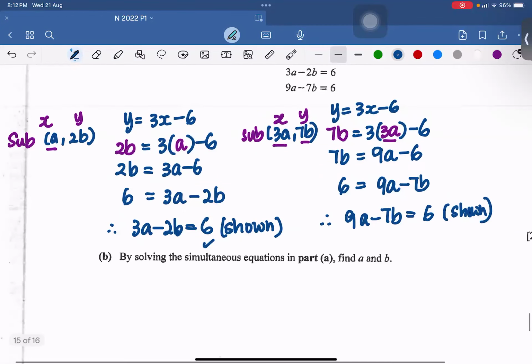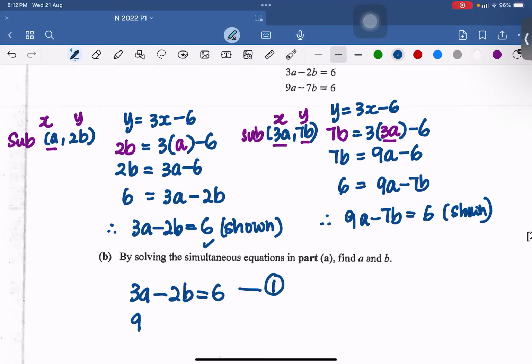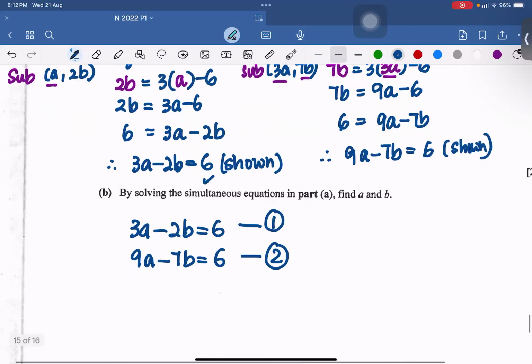So what I will do is copy the equation first. This is my equation number 1. This is 9a minus 7b, equation number 2. I try to make either the number of units for letter A or letter B the same. And I try to multiply as little as possible.